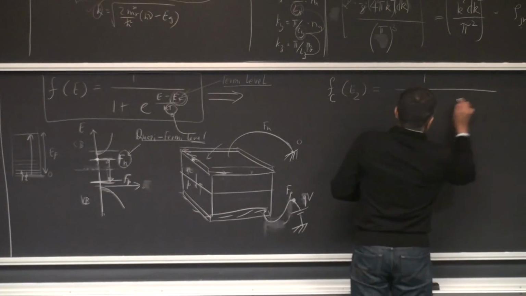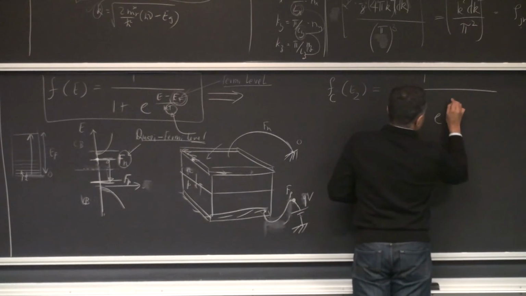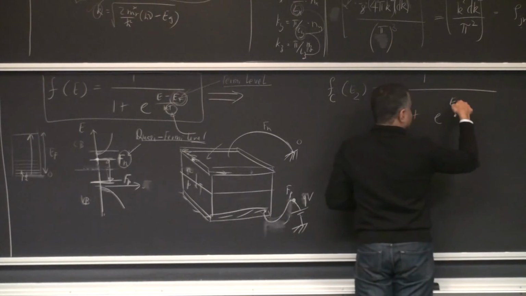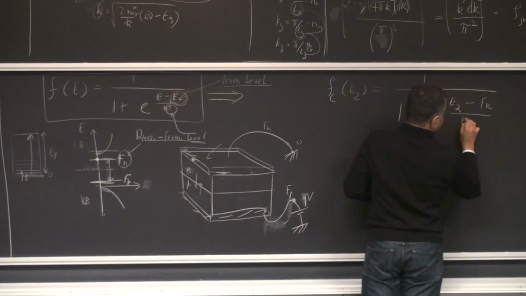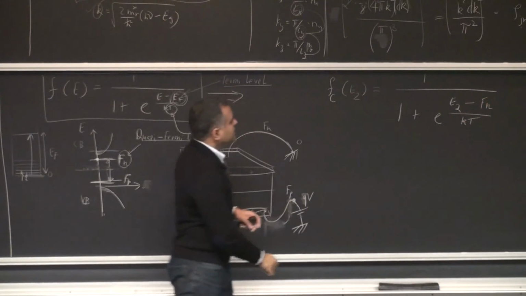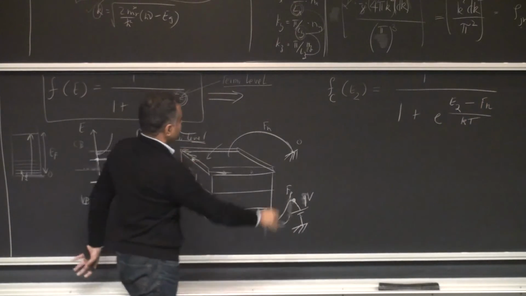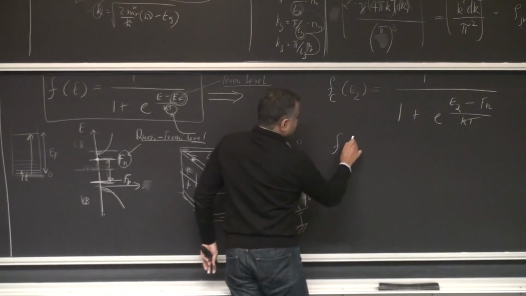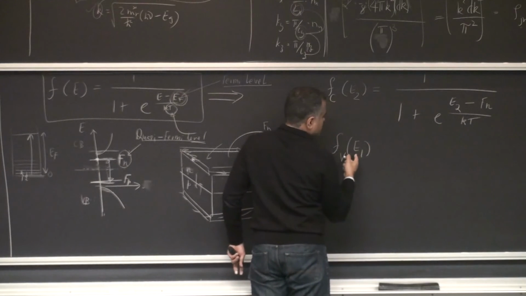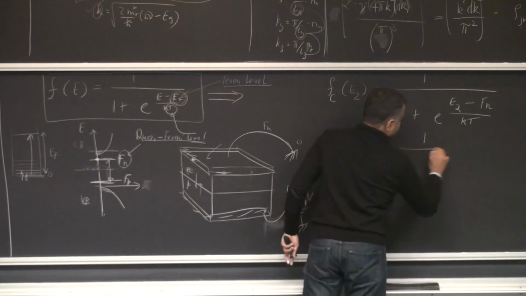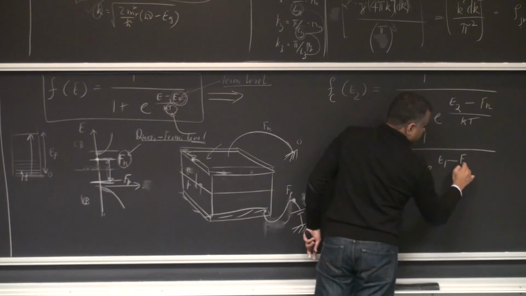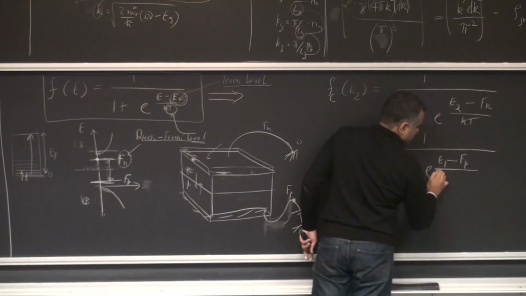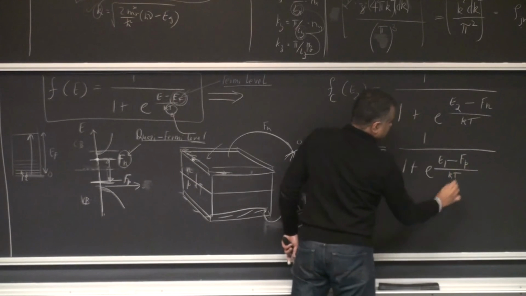We write it as 1 over 1 plus e to the power of E2 minus F sub n, over kT. We have used E2 as the energies of the conduction band electrons. This is for the conduction band, and for the valence band I've used E1 as the energies of the valence band electrons, and that's E1 minus the Fermi level of the valence band, which we are calling F sub p, over kT.